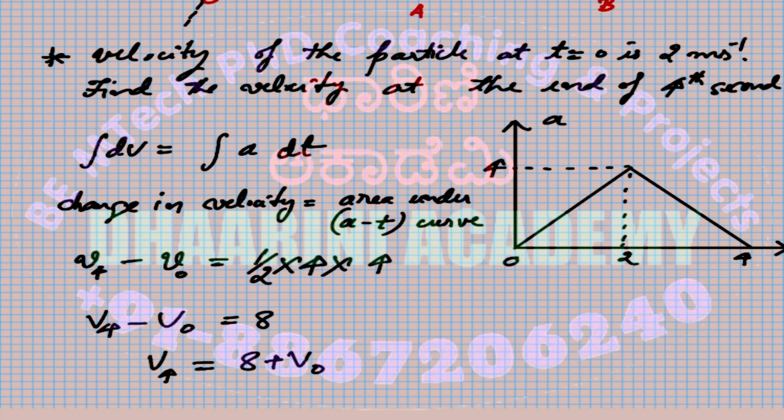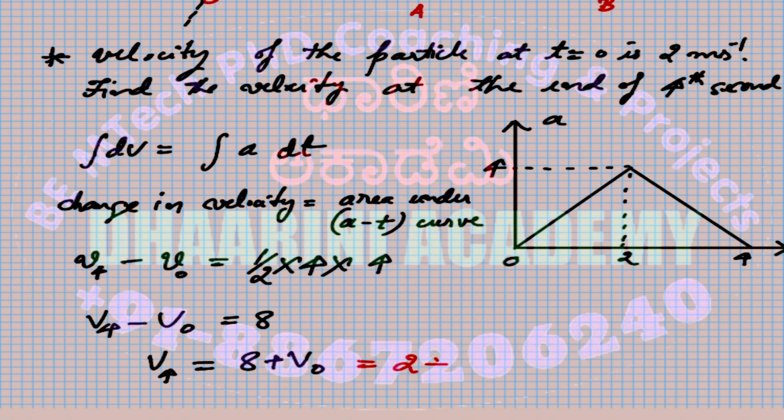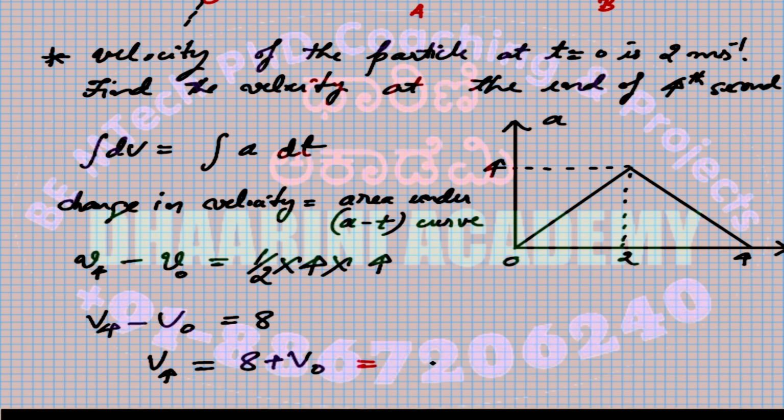So since v0 is given, this is 8 plus 2, because 8 is the current value and 2 is the other one. So this is 8 plus 2 equal to 10 meters per second is the answer. So using this, we can calculate the velocity.